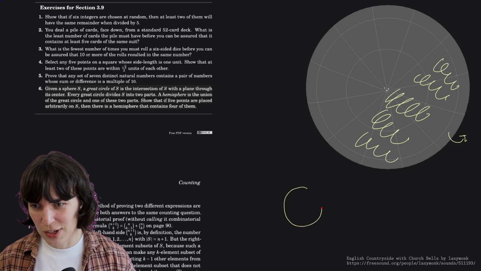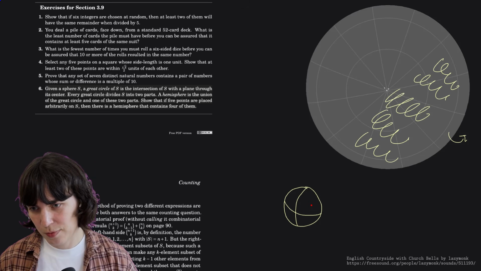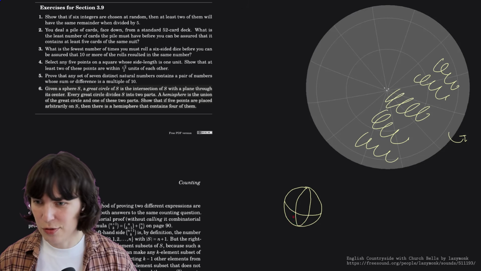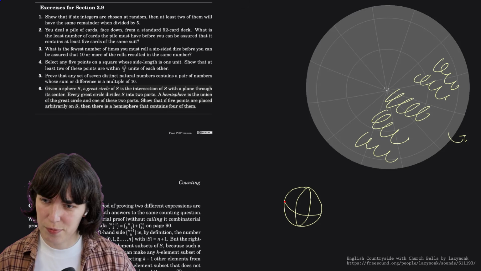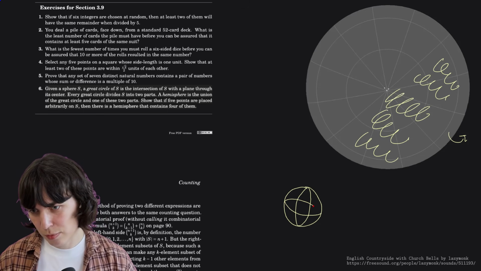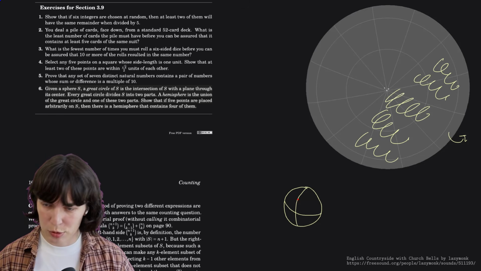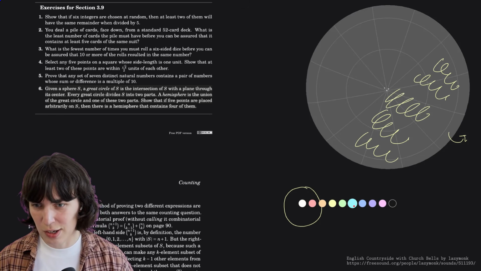Okay, can I draw a sphere? We've got this, and we've got this. Does that divide it into 4? I think it does. Oh, okay. Probably better if I use a different color for this.